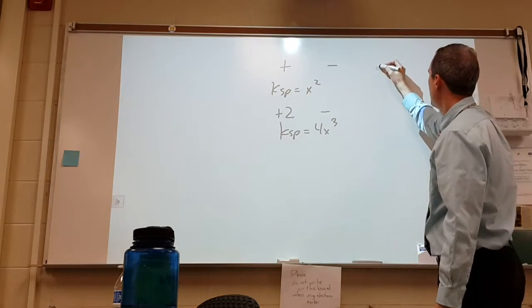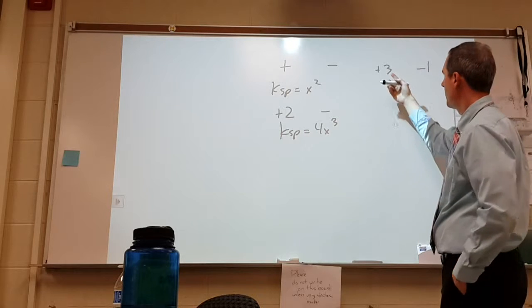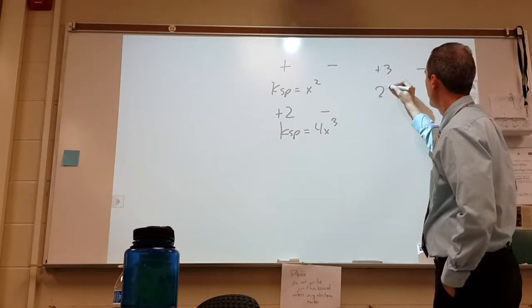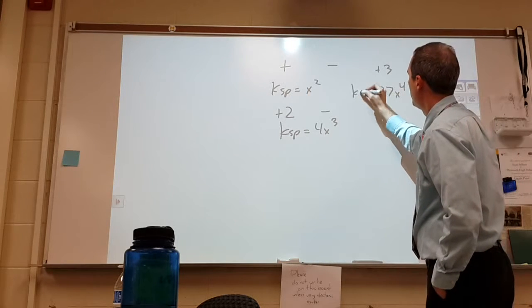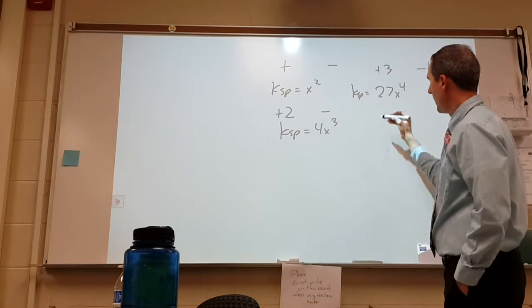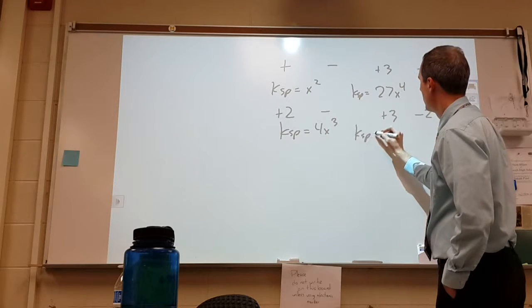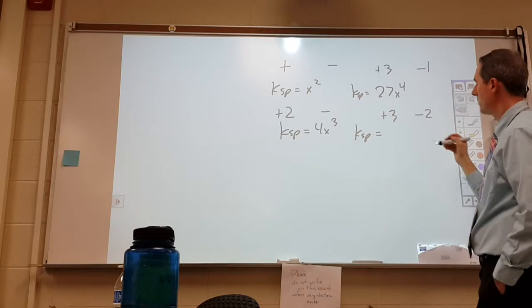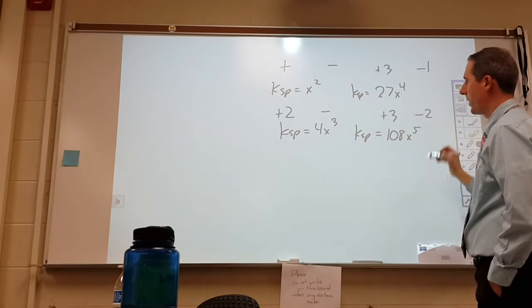If you end up with a +3 and a -1 charge, you're going to end up with 3x cubed, so 27x cubed times x, so 27x to the 4th will be equal to KSP. And then if you have a +3 and a -2, your KSP will be equal to 27 times 8 times 4, which is 108x to the 5th power.